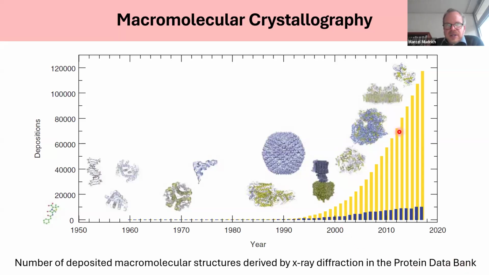And the yellow here shows the number of deposited structures of proteins recorded by X-ray diffraction over the years. And okay, it goes up to 2017 or so, but for sure this number has been increasing since then until today. So X-ray diffraction of macromolecules is very important.